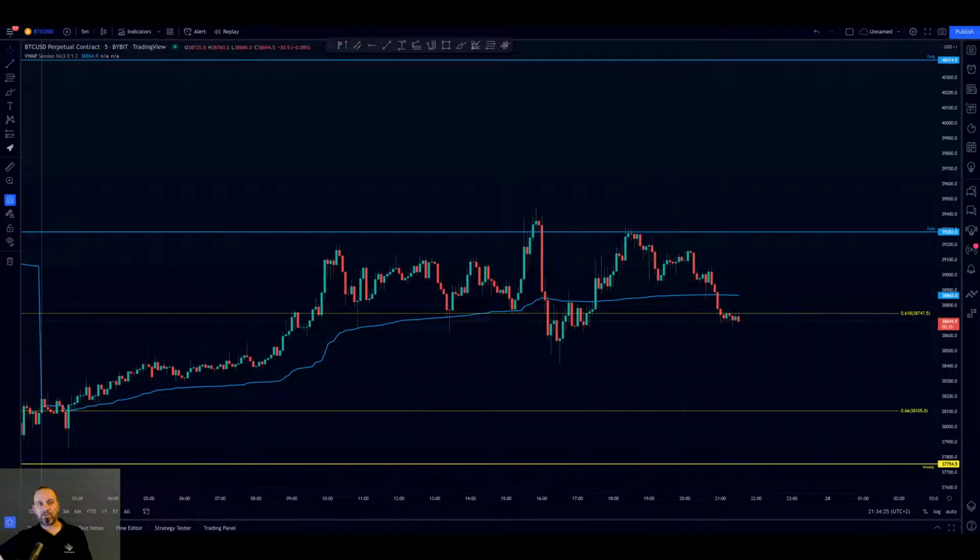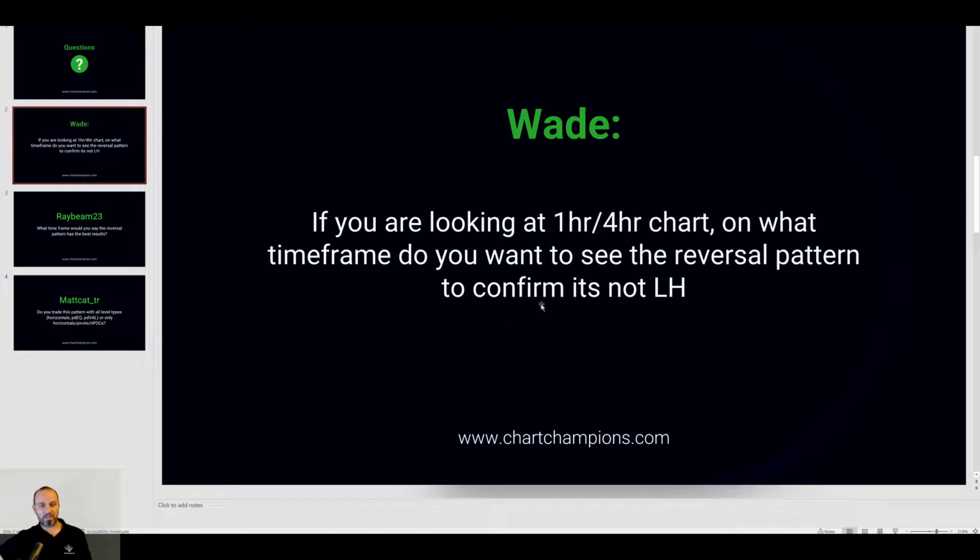I don't like to use these patterns on high time frames. I like to use them on low time frames, and the only thing the reversal pattern gives you is the actual entry and your stop loss. For me, the best results are on the low time frame, 5 minutes, that's all you need, and you want to see the reaction locally.